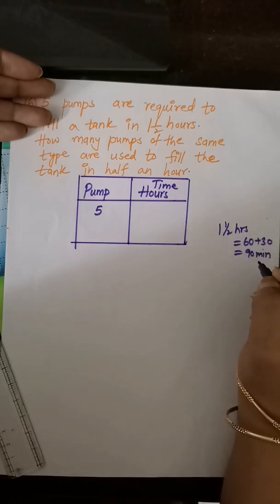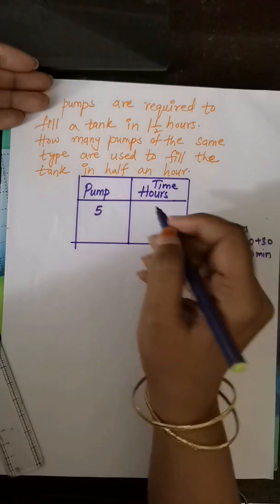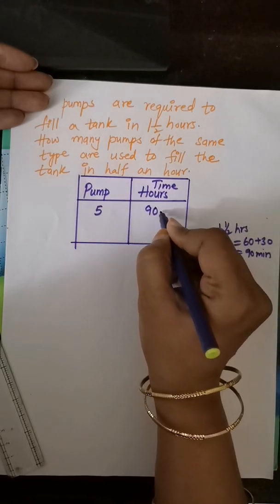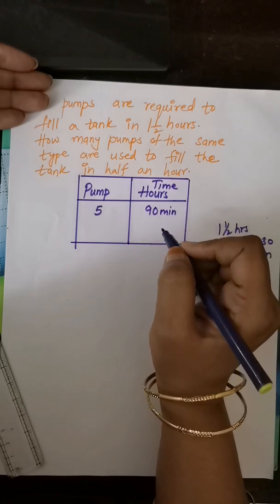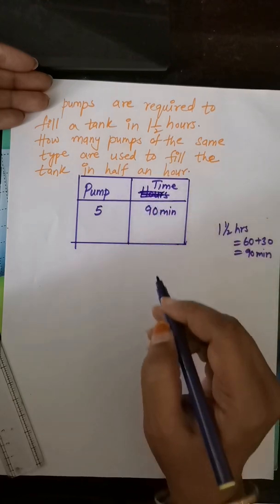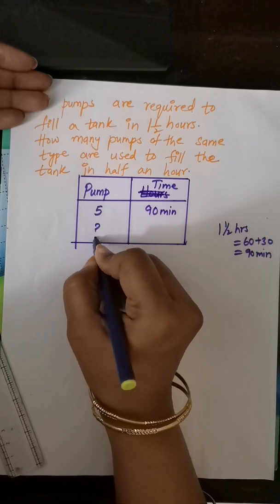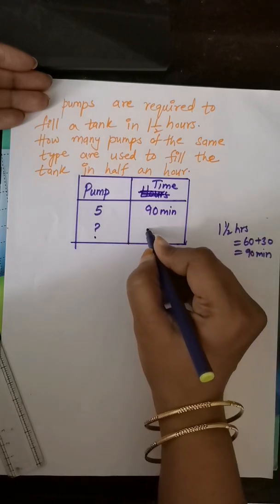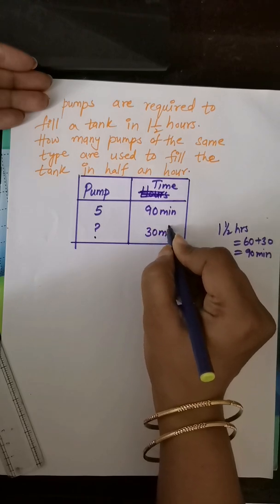And 5 pumps are required to fill the tank in 90 minutes. You have to find how many pumps are required to fill the same tank in half an hour. Half an hour means 30 minutes.